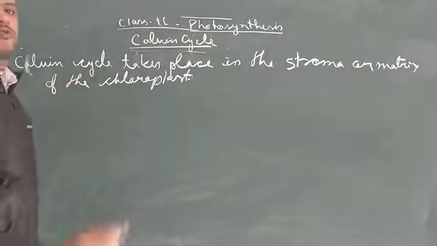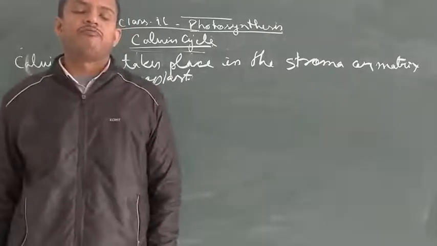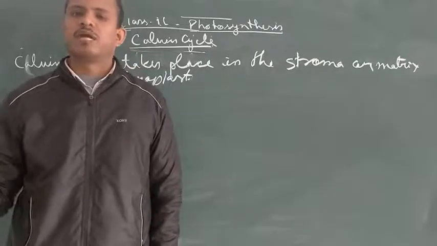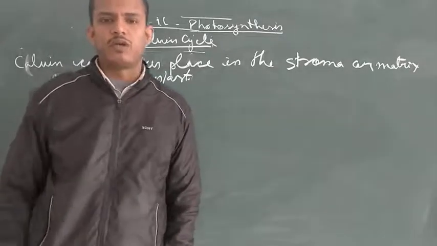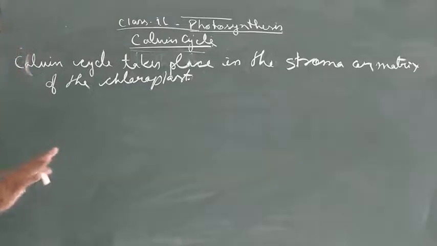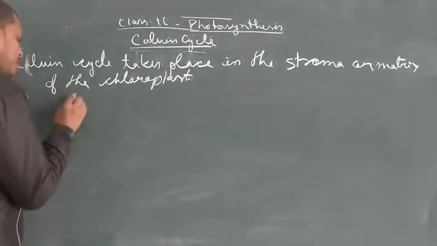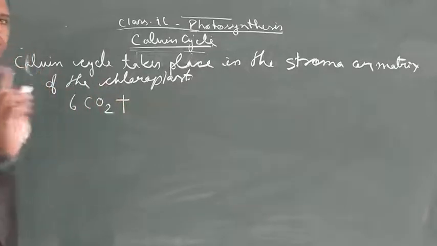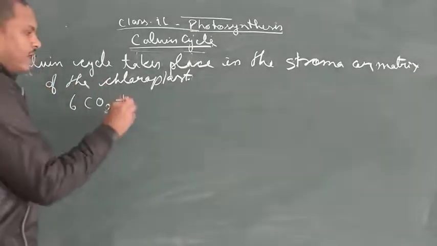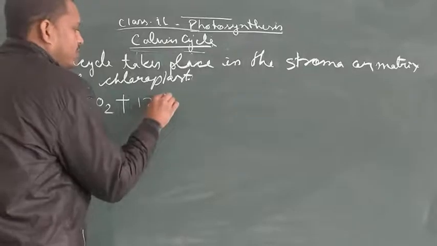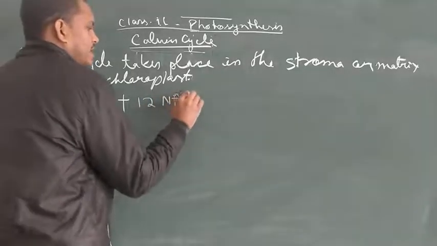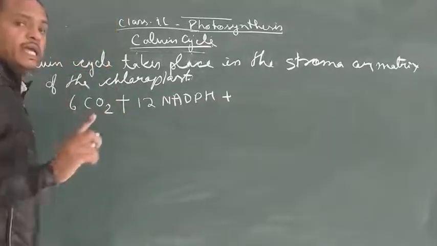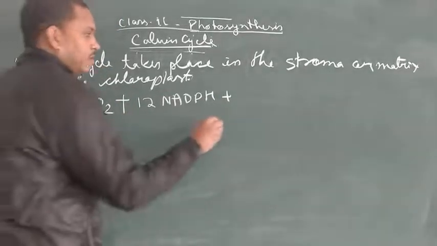Now here we are going to first write the complete reaction which takes place in the Calvin cycle, and then we will discuss it. Actually in the C3 cycle, 6 carbon dioxide, 12 NADPH and 18 ATP.